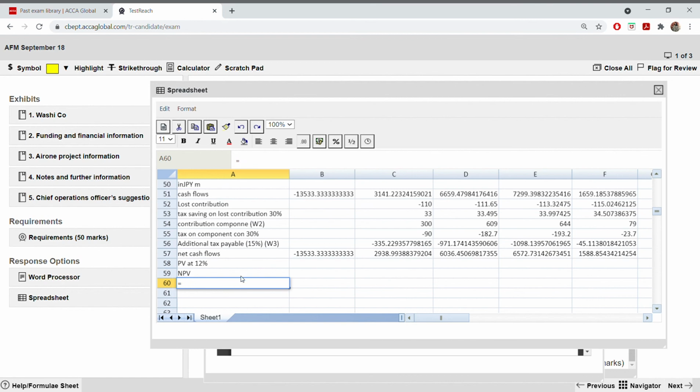You have to write that net present value. Then you have to write 0.12, comma, all this. Now do you see? The reason why it didn't show is I didn't write equal net present value.